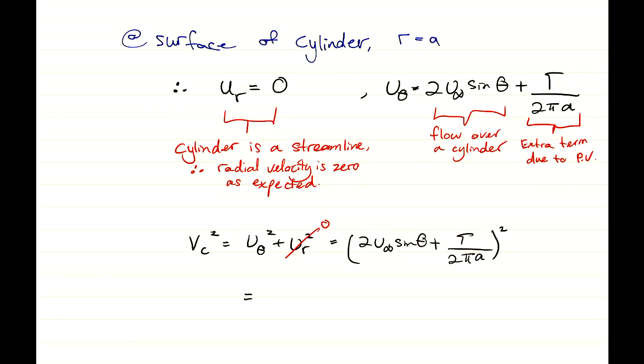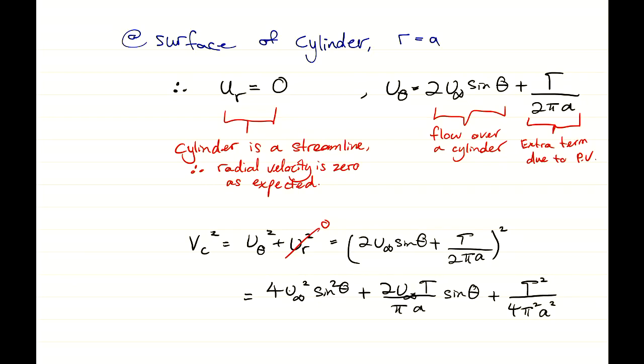If I expand this term, I'm going to get three terms: 4 u infinity squared sine squared theta, plus 2 u infinity gamma divided by pi a times sine theta, plus gamma squared divided by 4 pi squared a squared.